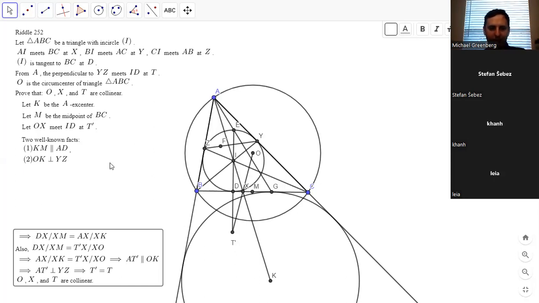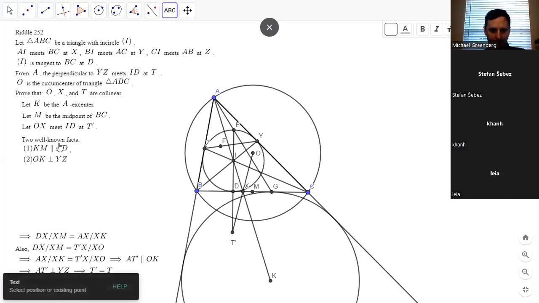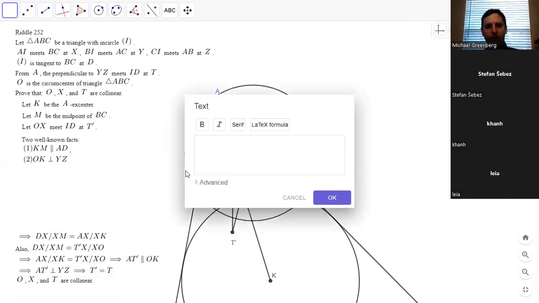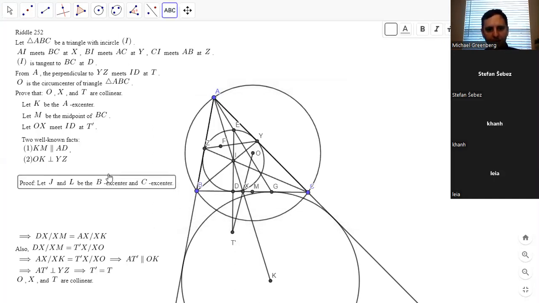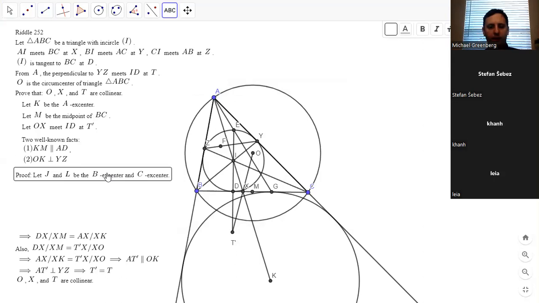That makes sense. I'll type that up. So let J and L be the B and C excenters. So then triangle JKL has all of its sides parallel to those of XYZ.